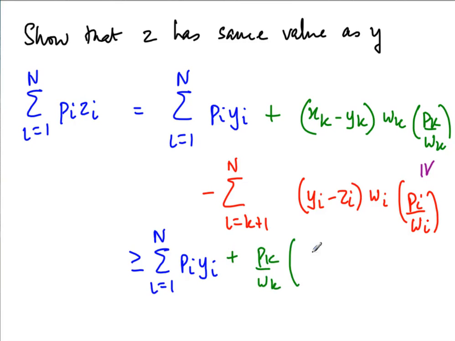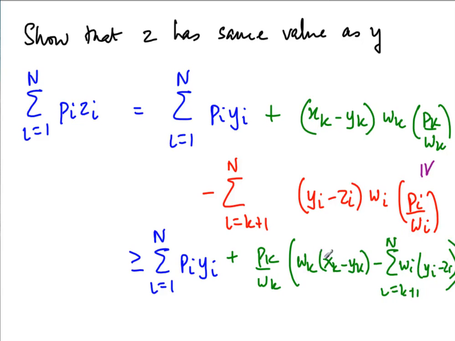It is this into wk times xk minus yk minus the summation of wi times yi minus zi, i going from k plus 1 to n, right? So all I've done is replace pi by wi by pk by wk and argued that this is going to be a larger subtraction now, so this becomes a greater than, and this is a common term.